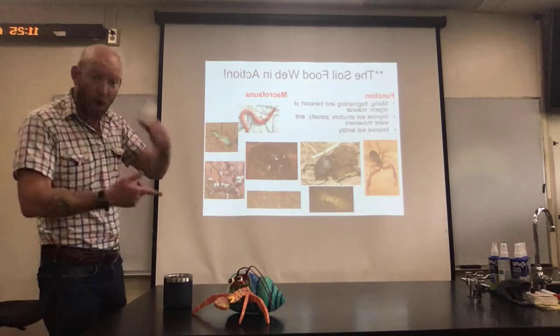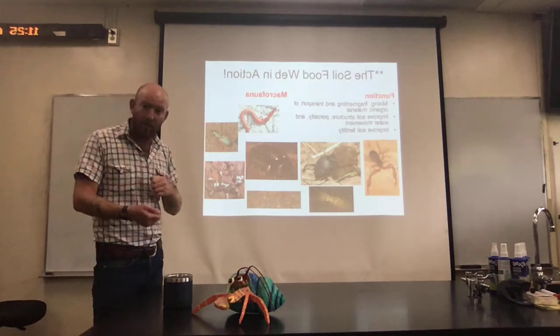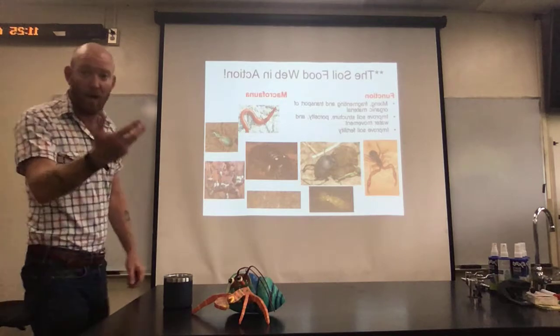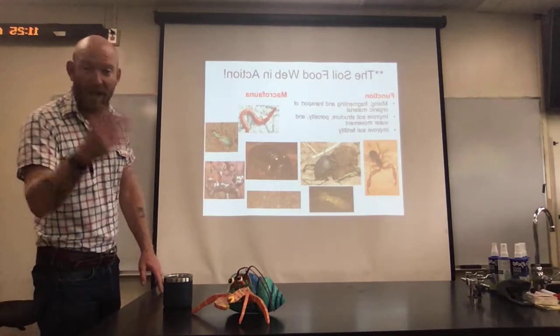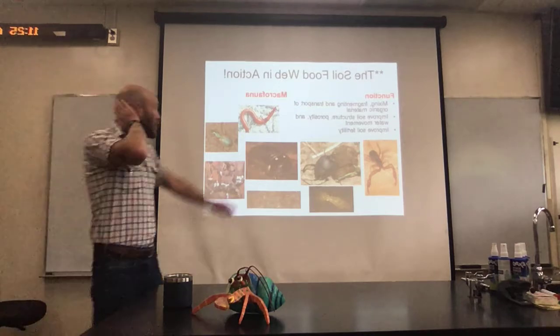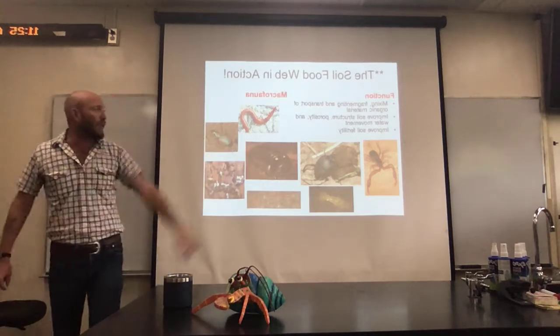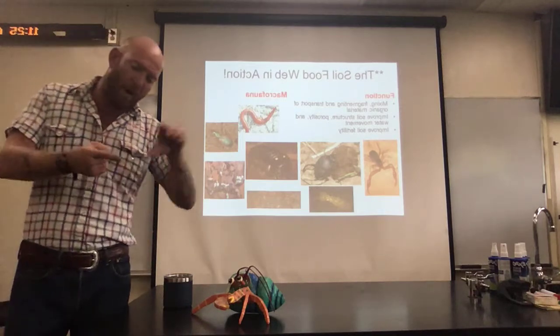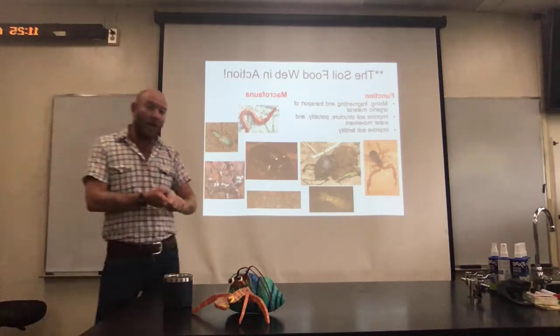Organic matter is processed plant organic material, in addition to microbial, dead and alive, microbial biomass and all the like. Okay, they also improve soil structure and porosity and water movement, as we mentioned in the case of, for instance, the earthworm, which is doing a couple things.